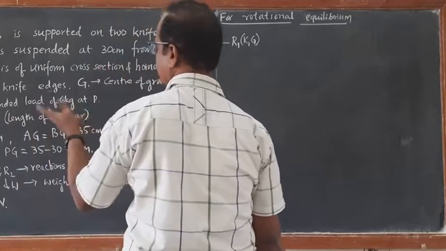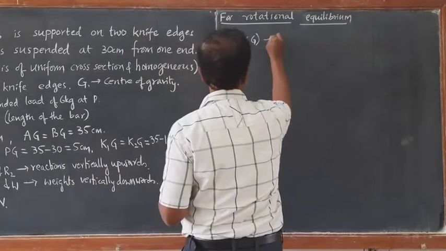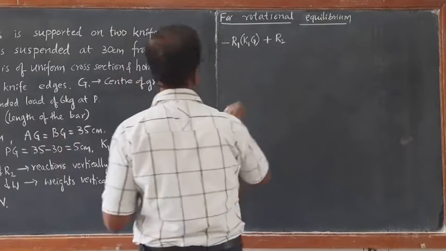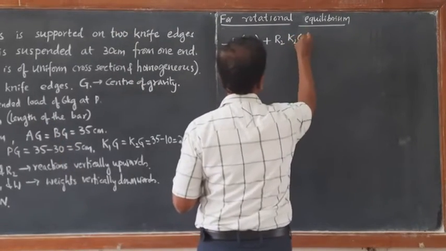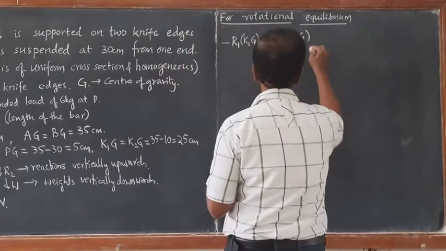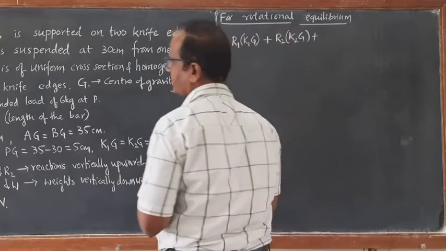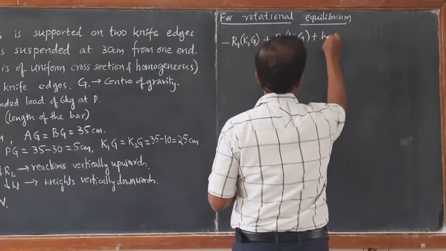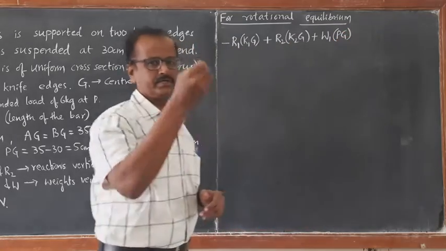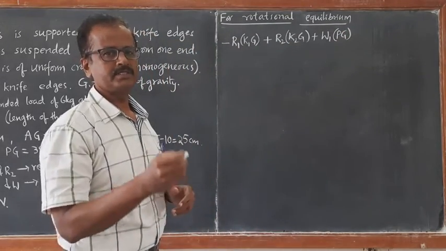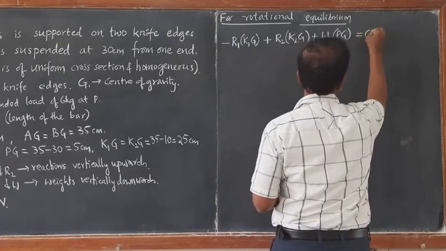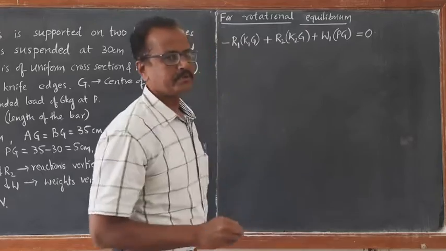Plus, now both of the remaining are positive: plus R2 into K2G, plus W1 into PG, where P is the point at which the external load of 6 kg is suspended. W1 is 6 kg. The sum of all these moments must be equal to 0.